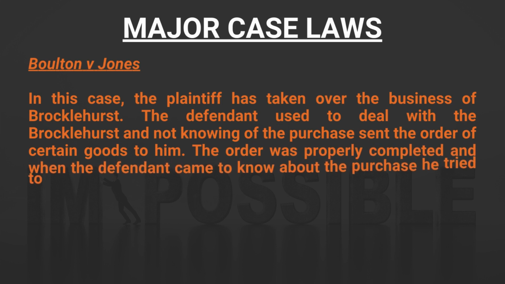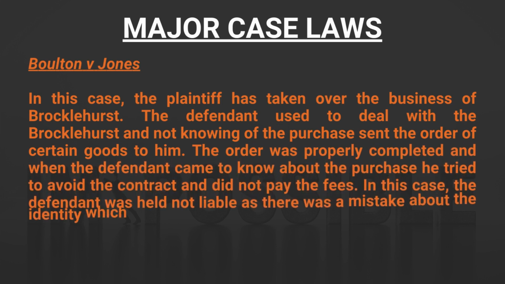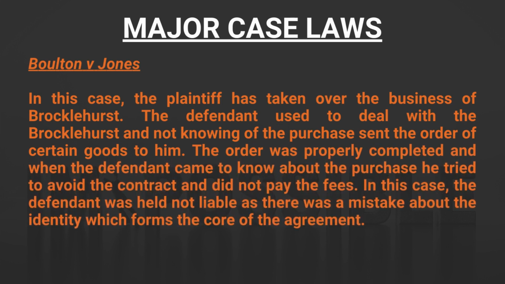In this case, the plaintiff had taken over the business of Brockhurst. The defendant used to deal with Brockhurst and, not knowing of the purchase, sent an order of certain goods to him. The order was properly completed, but when the defendant came to know about this purchase, he tried to avoid the contract and did not pay the fee.